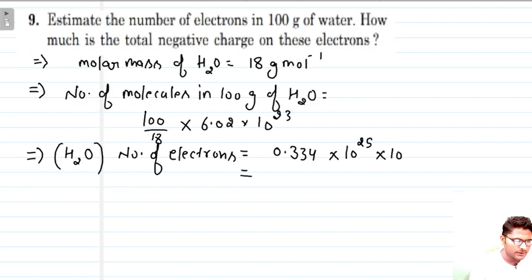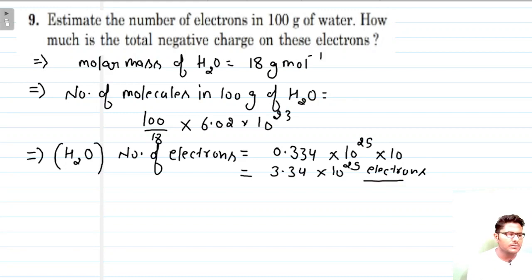So you will get 3.34 into 10 raised to power 25 electrons. So the number of electrons is this much. Okay, this many electrons will be there in 100 grams.